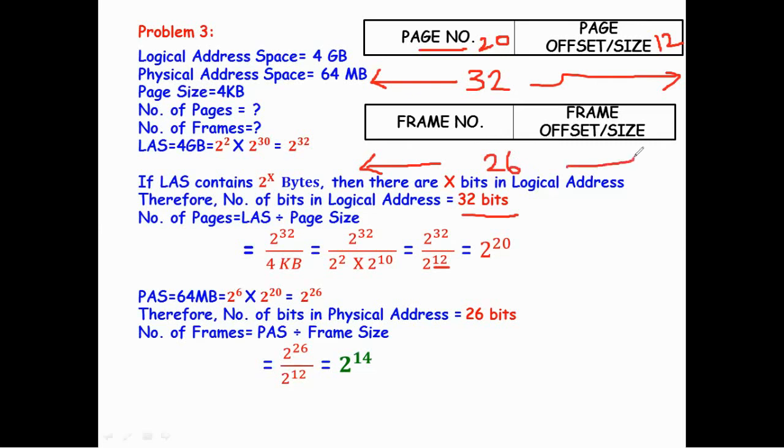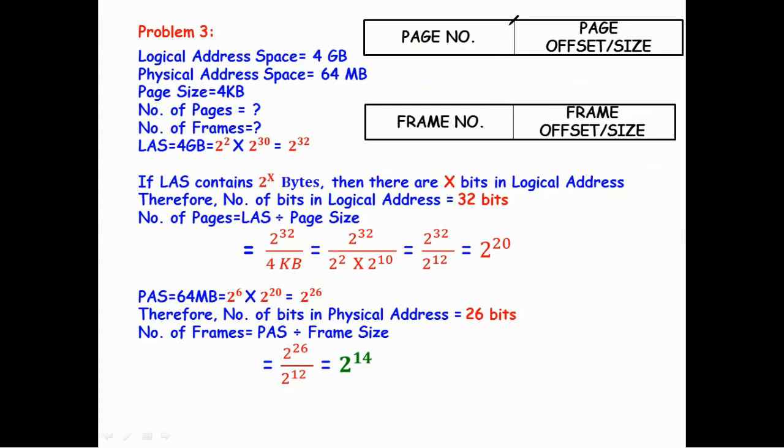Frame size is nothing but page size. We already know the number of bits used in page size is 12. So the number of bits used in frame number is 26 minus 12. 26 minus 12 is nothing but 14. So 14 bits are used to represent the frame number. So this is how the calculation is made. Let us move to the next problem.